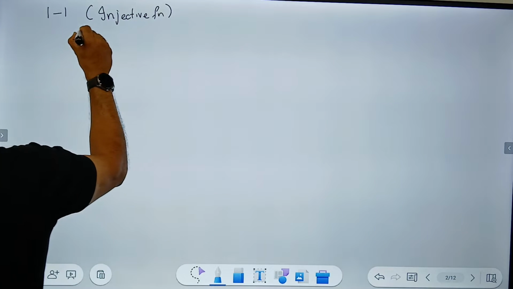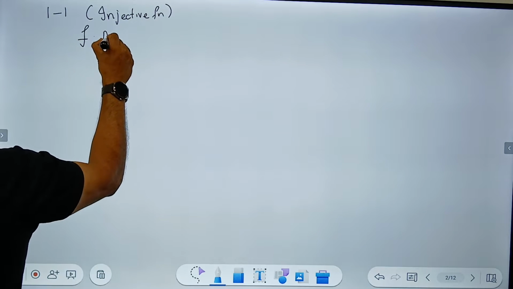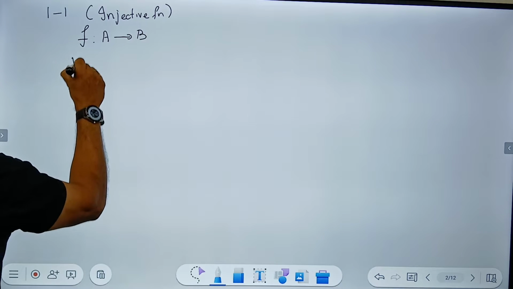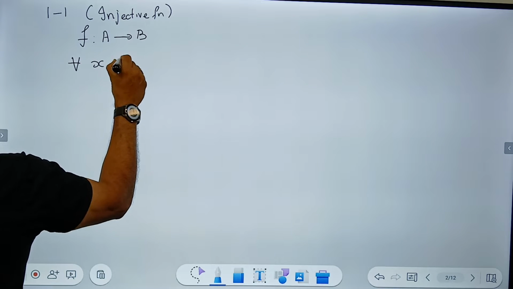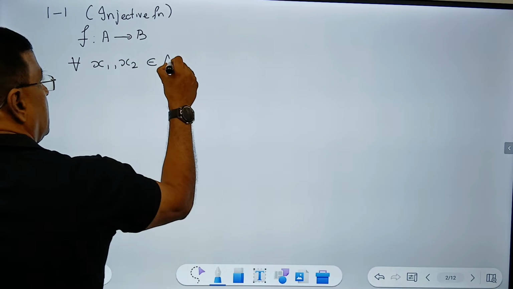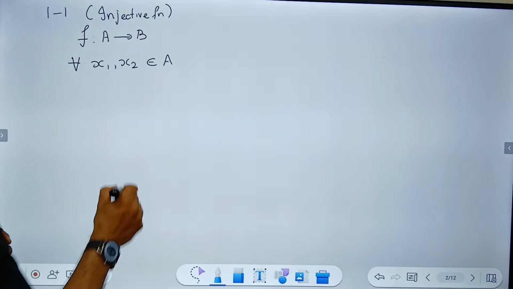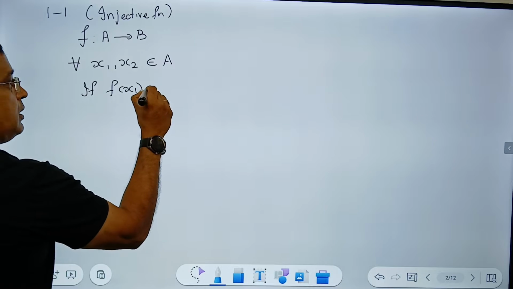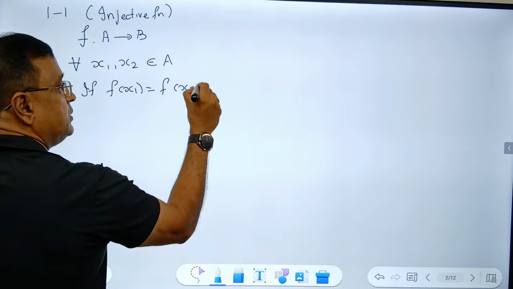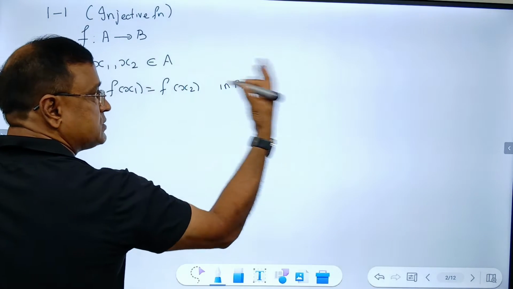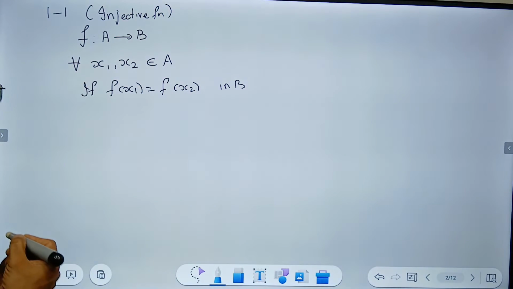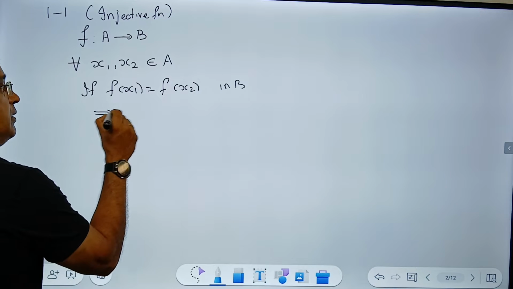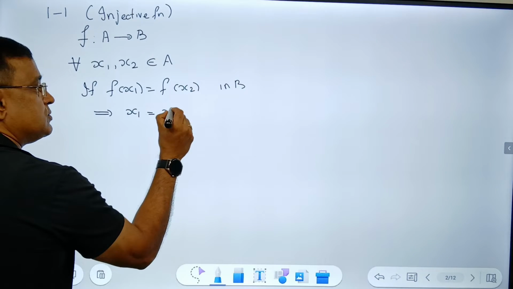If I say f is a function from A to B, and if I say it is injective, what does it mean? It means that if I choose two points x1 and x2 in A, in the domain, and if f of x1 equals f of x2, where these are in B since f of x1 is the image of x1 under the function f, then obviously x1 equals x2.